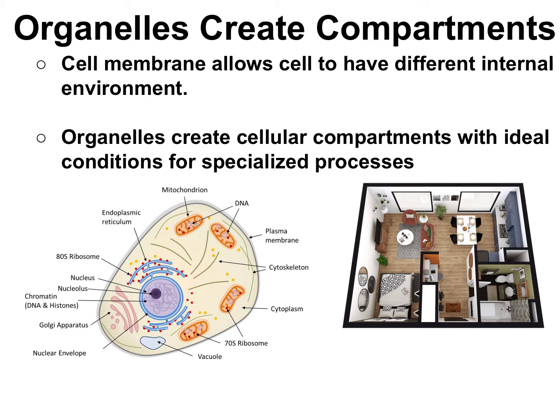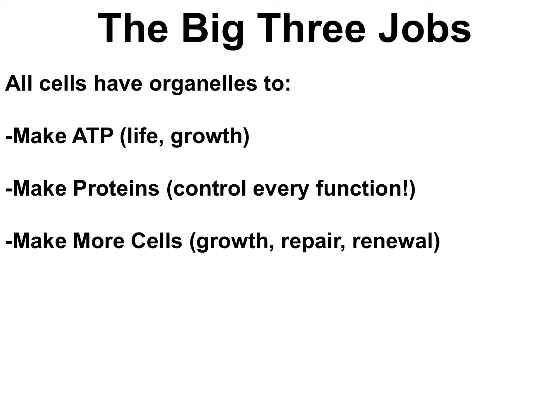So you sleep in your bedroom, you cook in your kitchen, you brush your teeth in the bathroom, right? Unique processes for unique rooms. And organelles do the same for cells. Internal membranes in cells allow for specialized compartments for specialized processes. And just like a household, all cells require basic tasks to keep the house running, to keep the cell functioning.